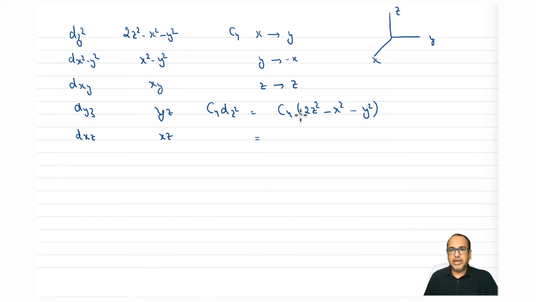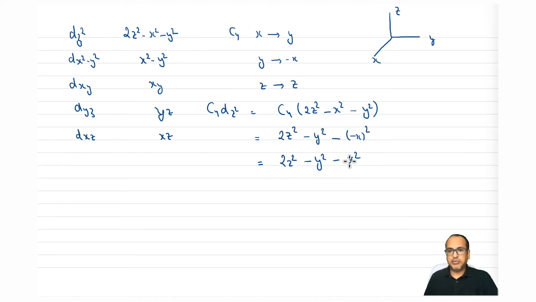Now this can be easily identified because we know the fate of z. The fate of z is z, so that does not change. Fate of x is y, so that means we have y square here. Fate of y is minus x, so that means we have minus x square here. So this gives rise to 2z square minus y square minus x square, right?